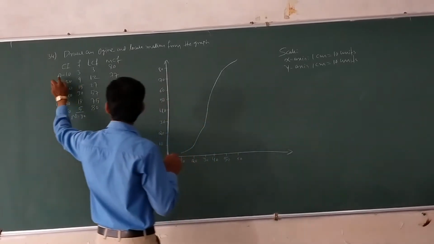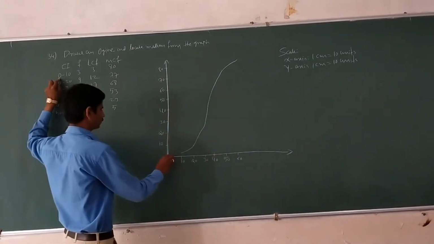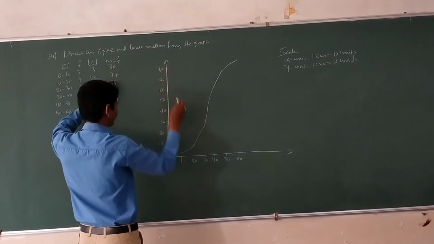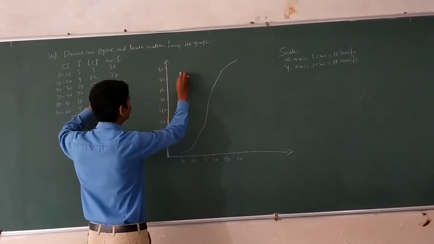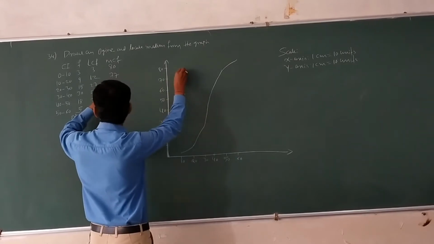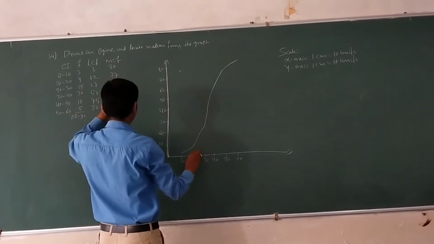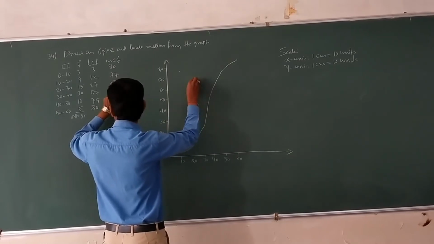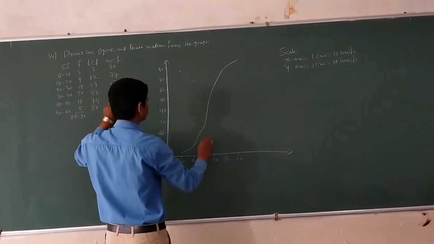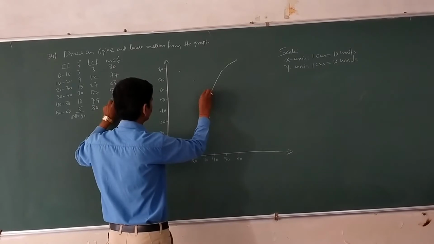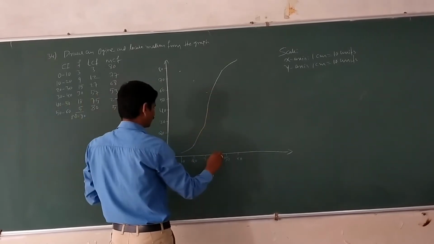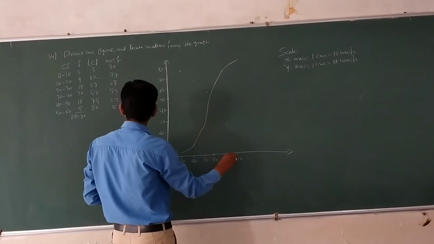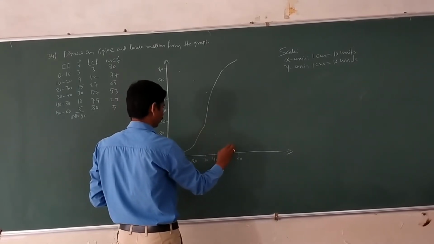So 0 is 80, 10 is 77, 20 is 68, 30 is 53, 40 is 23, 50 is 5.